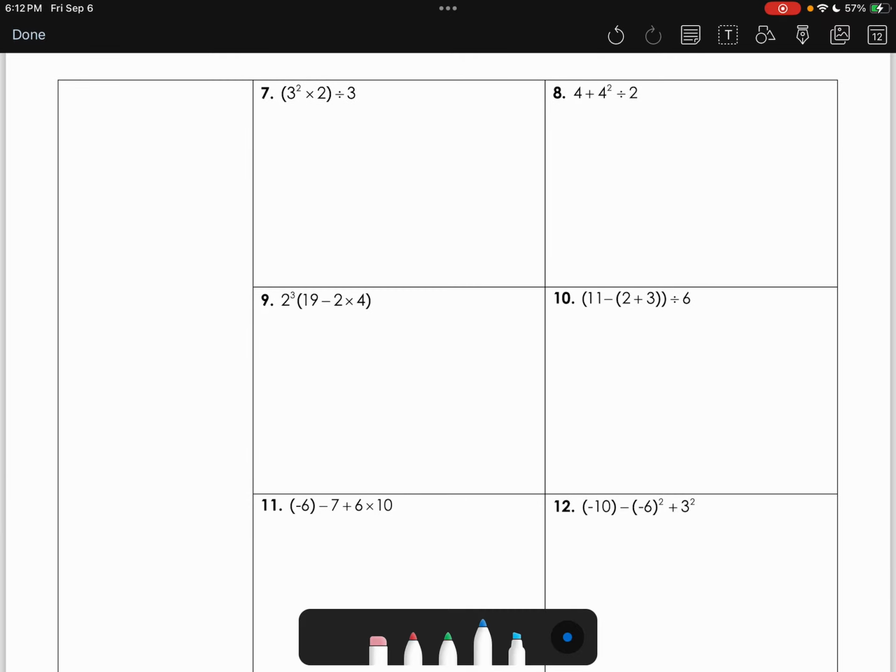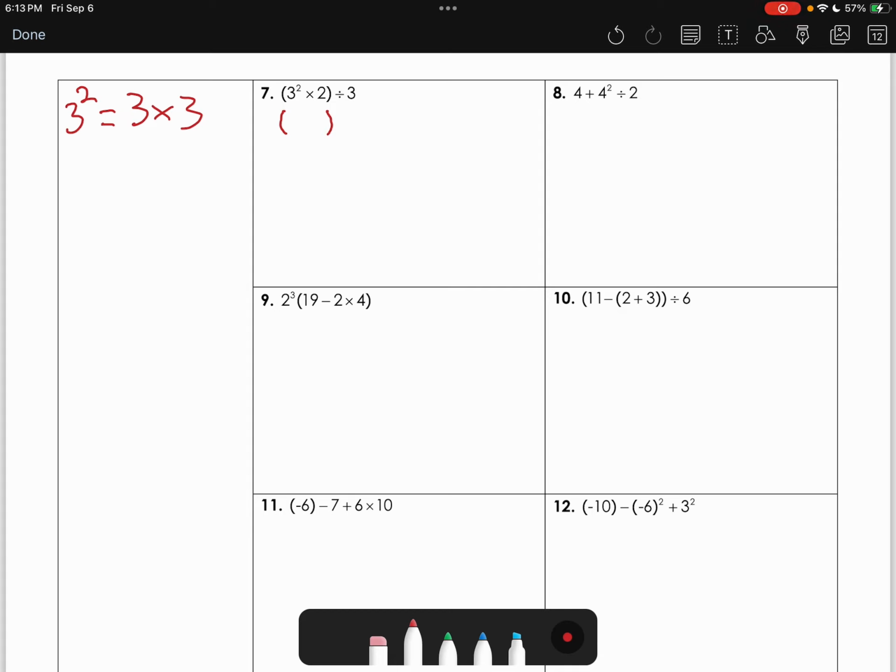Number 7. All right, we have in parentheses 3 squared, or 3 to the power of 2, times 2, and then divided by 3. So just as a quick reminder, 3 to the power of 2 equals 3 times 3. It's the same type of problem. So let's go ahead, because we've got a couple things we're going to have to do within these parentheses. So in the parentheses, we're going to find there's no other parentheses in there, so that's good. Is there any exponents? There is, and that's 3 to the power of 2.